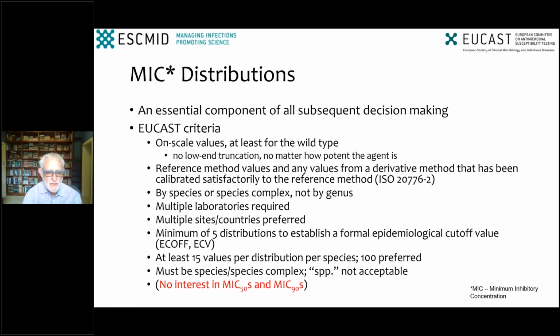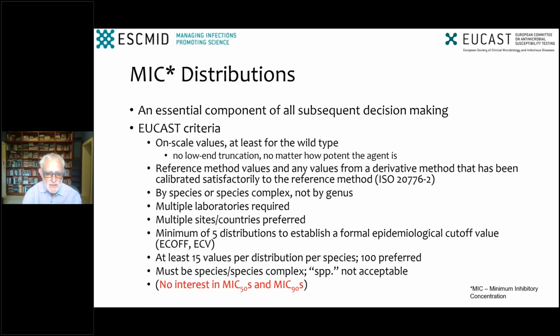And the reason that we want it that way is we want to include as much variation in the test as possible. There is intra-laboratory variation, as you know, but there's also inter-laboratory variation, and we wish to incorporate those into the MIC distribution analysis.